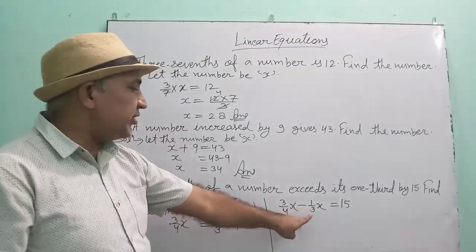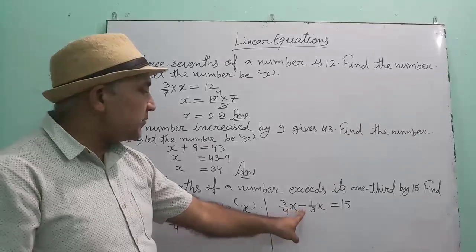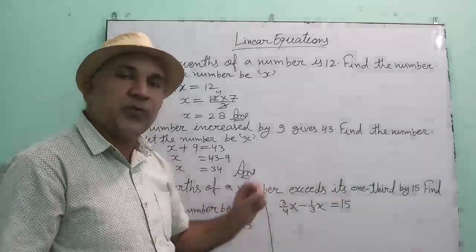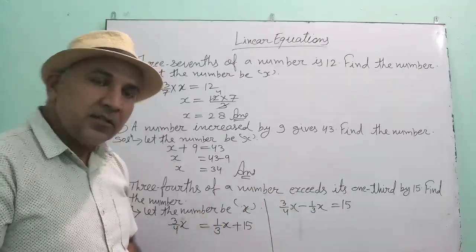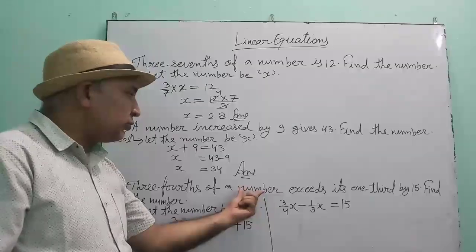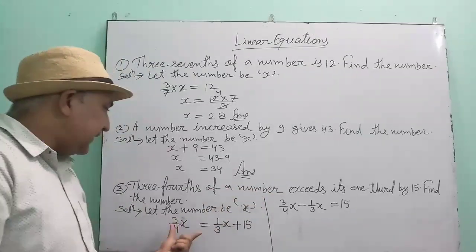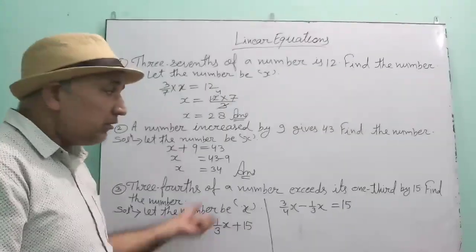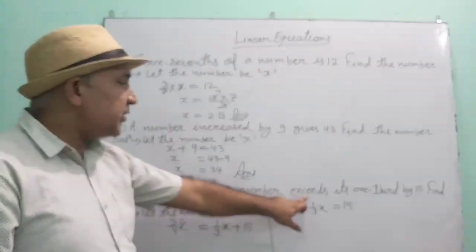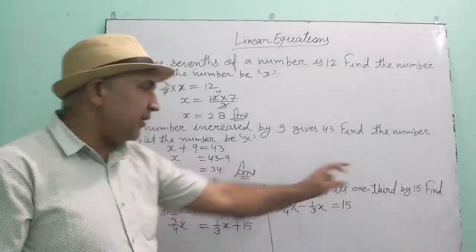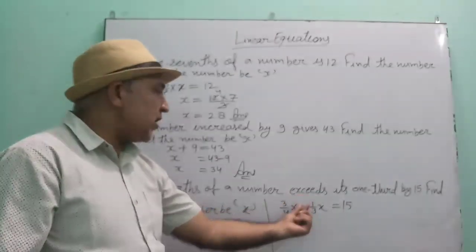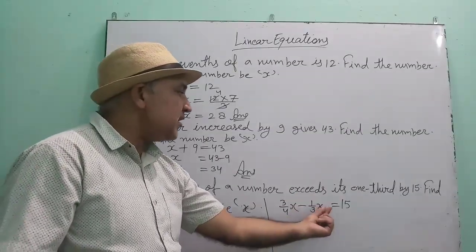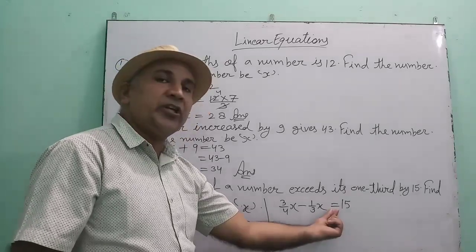See, I have written here 3 by 4 x minus 1 by 3 x is equal to 15. That means if you have understood the meaning of this statement, then you can frame this equation. Suppose you forget, then learn this technique. If the words exceed and by are coming, then at the place of exceed put minus, at the place of by put equal.